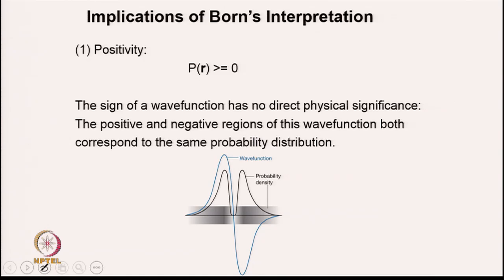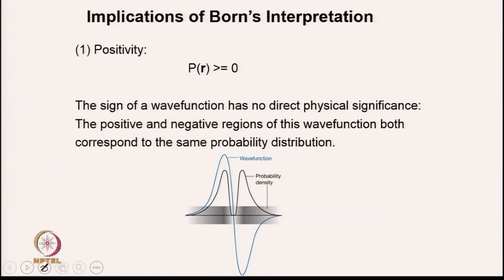Probability must be greater than or equal to 0. It cannot be negative, and so it is not the wave function which tells you about probability. The sign of the wave function has no direct physical significance. The positive and negative regions of this wave function correspond to the same probability distribution.